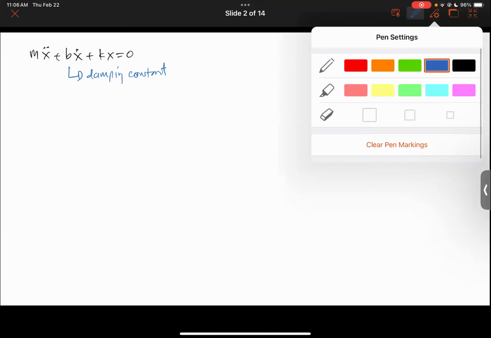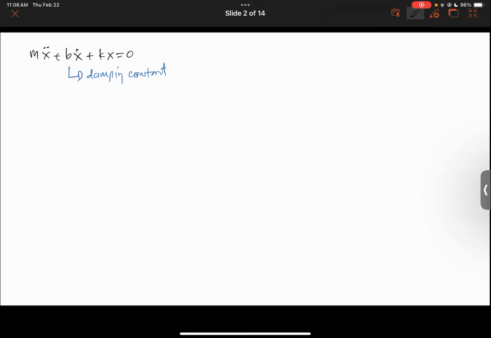Okay, and what we're going to do is rewrite this differential equation by dividing everything by m.